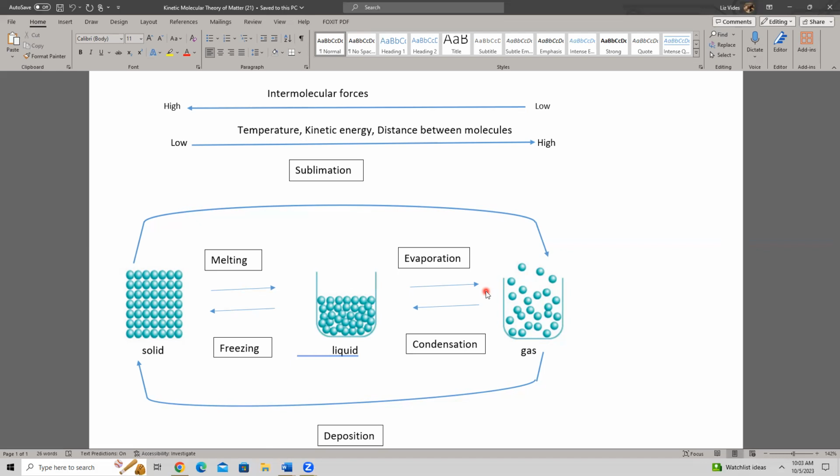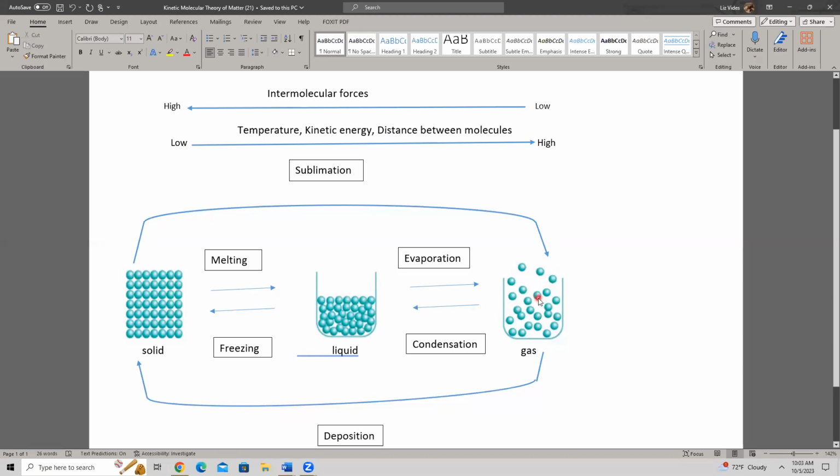We just use it in different forms. All right, so the liquid becoming a gas is now gaining more temperature, more kinetic energy, right? And the distance between the molecules is increasing. That's melting, evaporation.